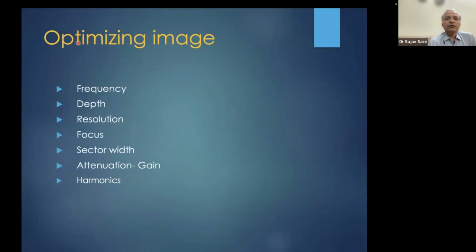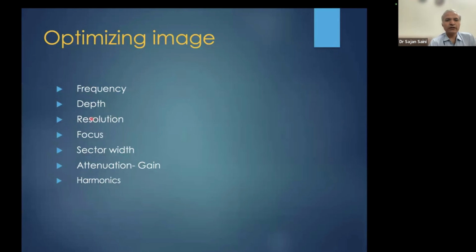Okay. So for optimizing the image, we need various physical attributes. One is frequency that we have discussed. Another is depth. So how to set up the depth of the sector when we are interrogating the heart or any other anatomical structure using ultrasound.